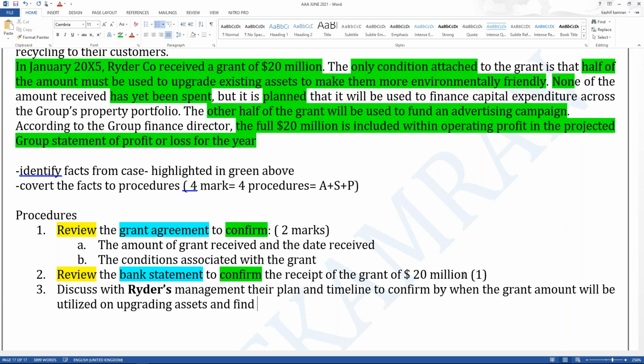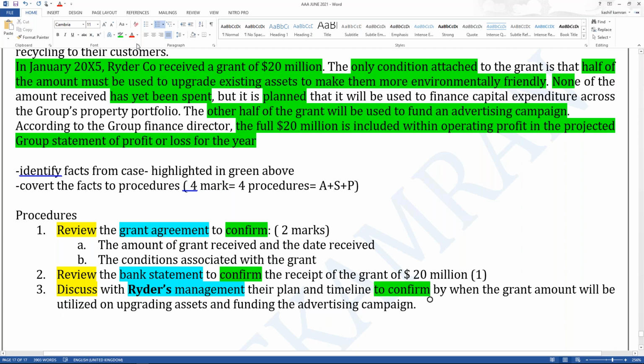So discuss is a procedure action. Riders management is the source, to confirm by when the amount will be spent on upgrading the assets and on funding the campaign, right? So that's the reason.